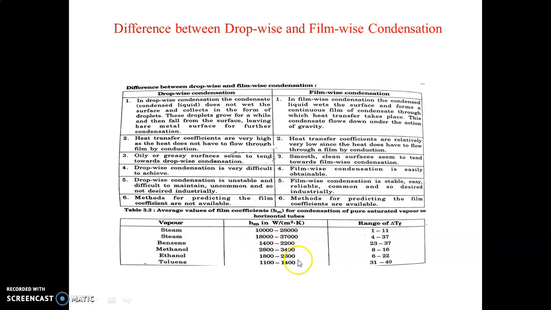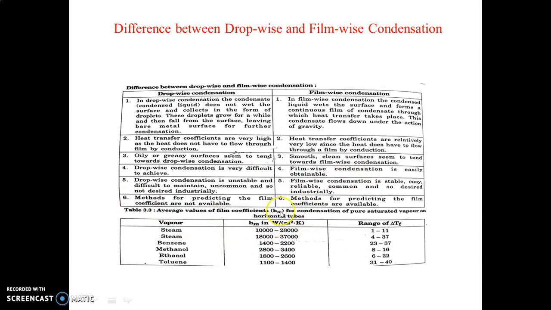So when the phase is changed, latent heat is taking place. At that time, the heat transfer coefficient is very high as compared to sensible heat. Where the heat is transferred as sensible heat, the heat transfer coefficients are low.